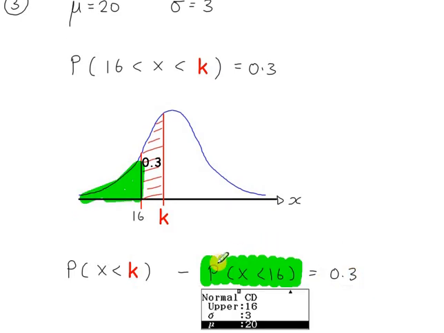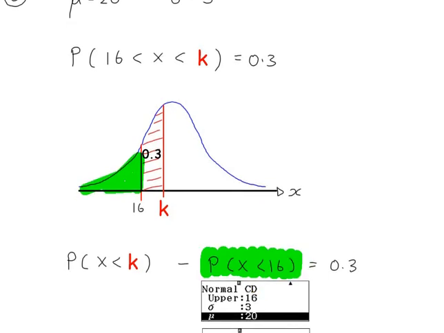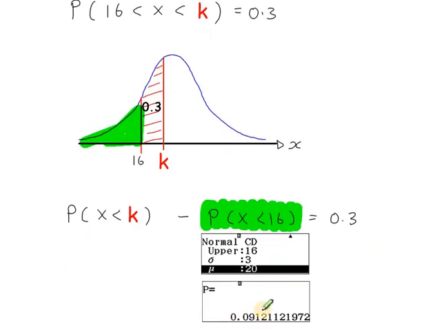We can work out the probability that x is less than 16 because we know the mean, we know the standard deviation, we use the normal cumulative distribution function on the calculator, and it gives us a probability of 0.0912 for this. So this is a simple equation now.